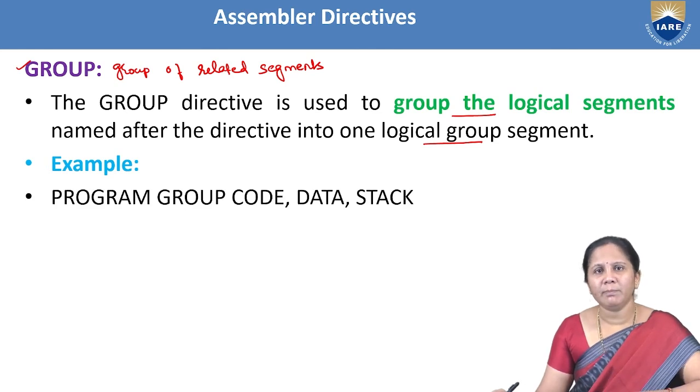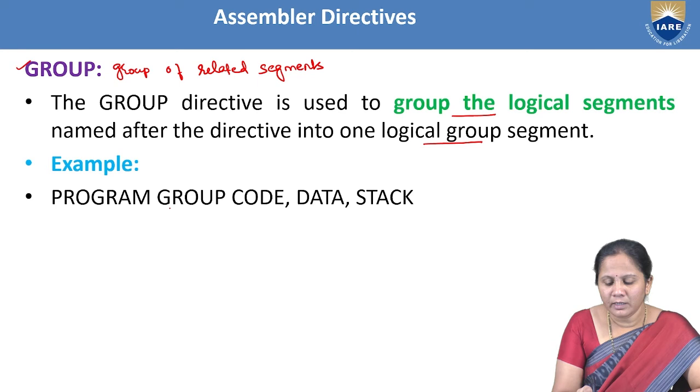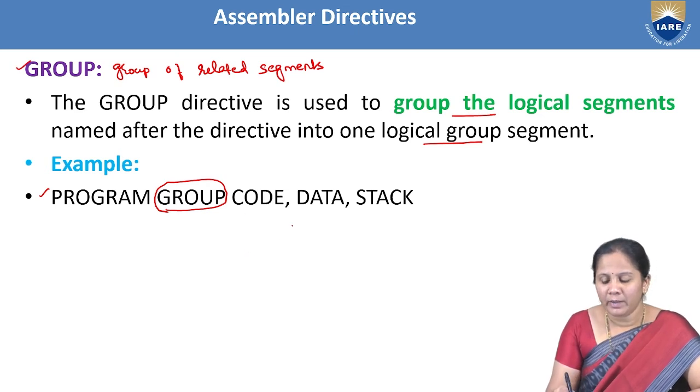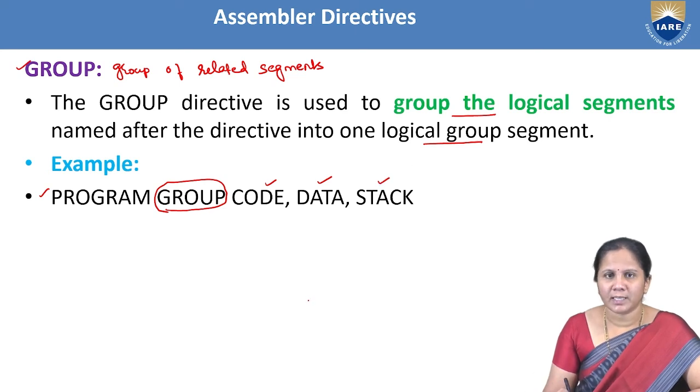For example, if we consider here, GROUP is an assembler directive, and program is the name here. But here, the logical segments in this example we have considered are one code segment, another data segment, and another stack segment.